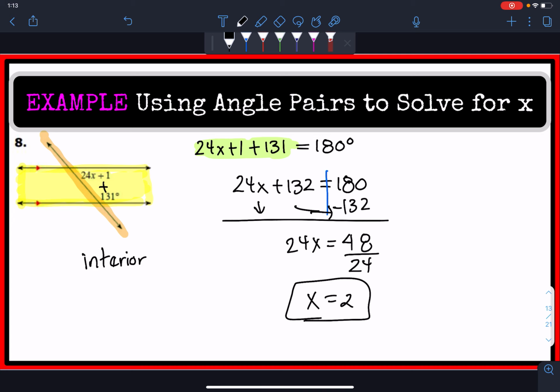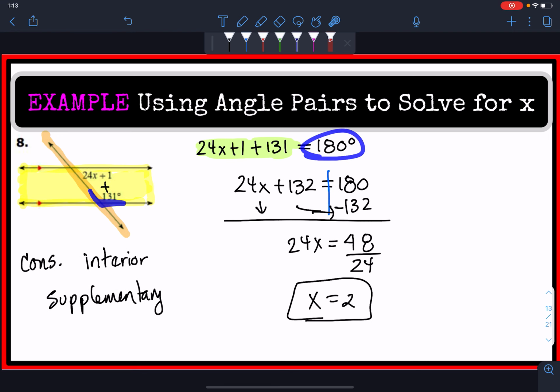But since they're on the same side of the transversal, they are consecutive interior angles, which means that they are supplementary. You can figure this out by simply looking at the type of angles they are. One being acute and this bottom one being obtuse means that they have to add up to 180. They're not going to be equal to each other.